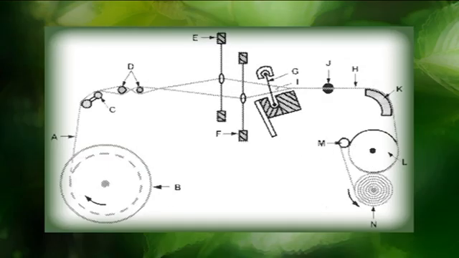The warp yarns then pass through a reed G, which holds the yarns at uniform spacing and is also responsible for beating up the weft yarn I into the fell of the cloth. After the weft is beaten up, the warp yarns interchange positions in the shed and thereby cause interlacing to be achieved.